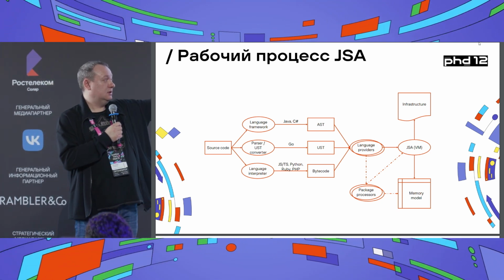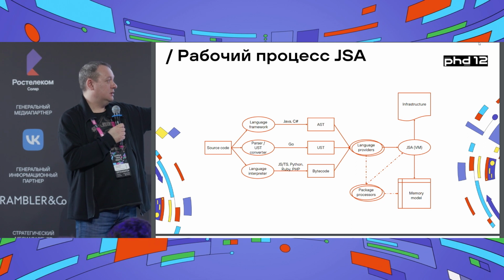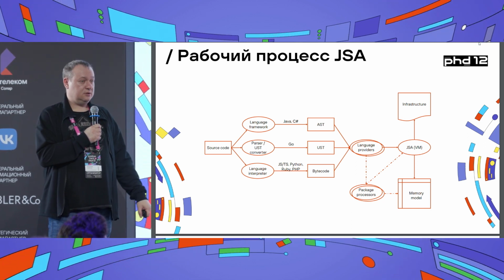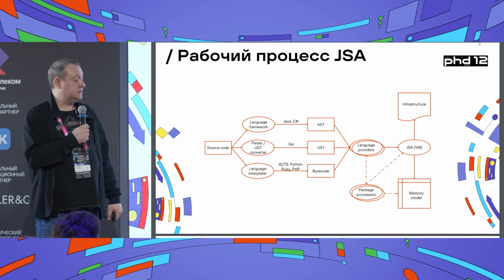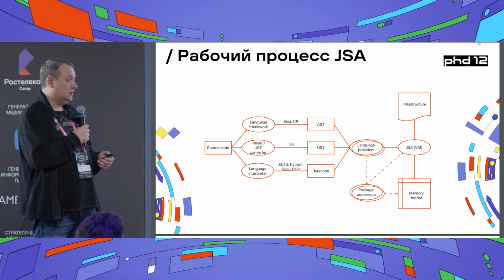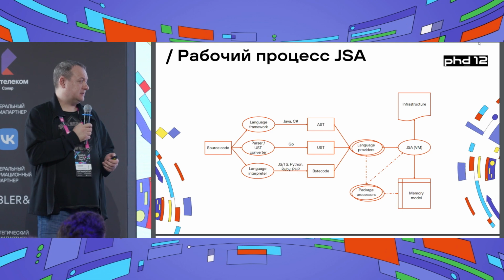is a full-scale interpreter of that language. There's GSA, there's a memory model, and an interesting entity is a package processor. That's what intercepts some events of interpretation, such as changed object fields or changes in functions, and helps do something with the function.